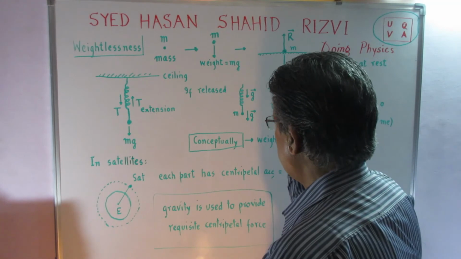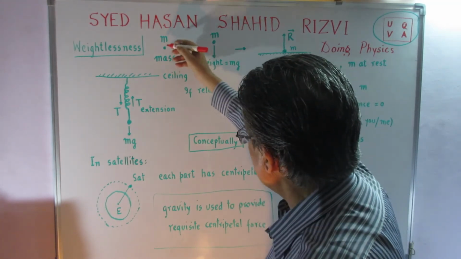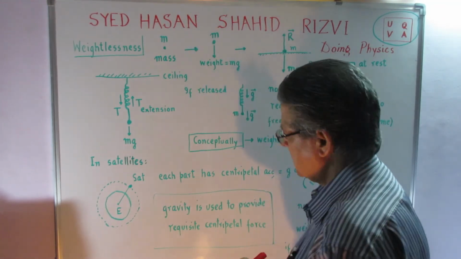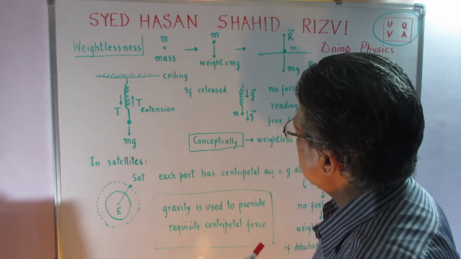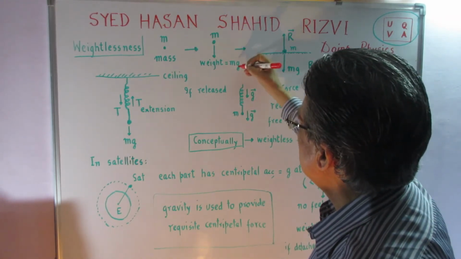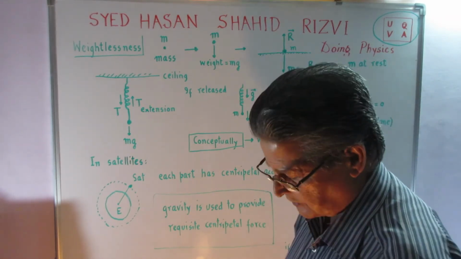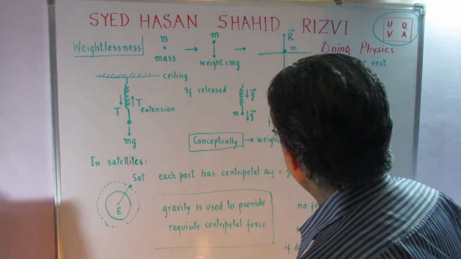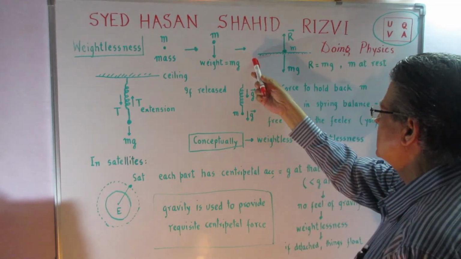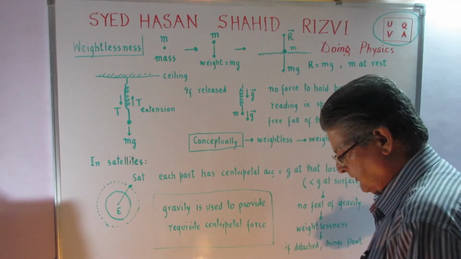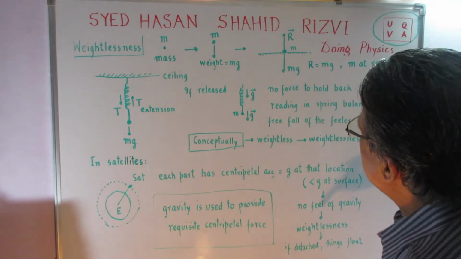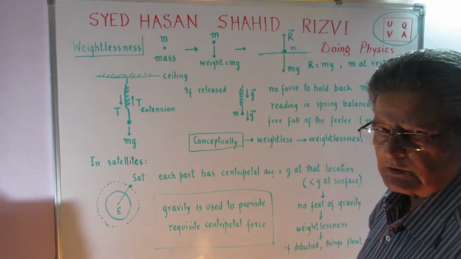So we have a mass, and this mass experiences weight mg on the surface of the earth. When this mass is put on a rigid body with support, then there are two forces acting on the mass.